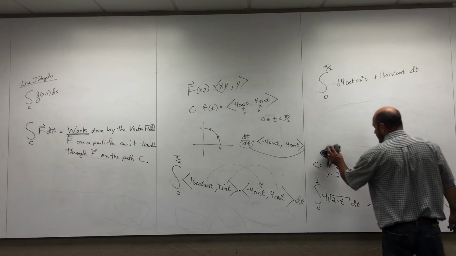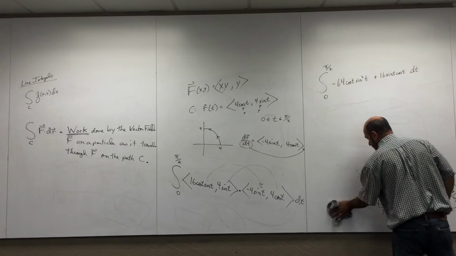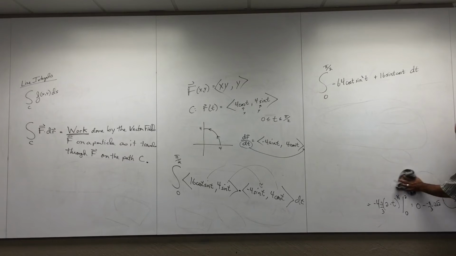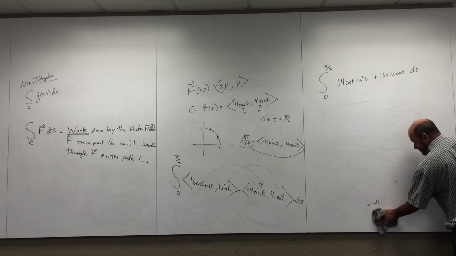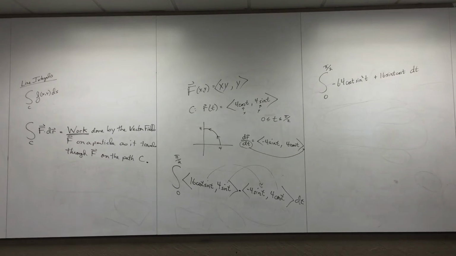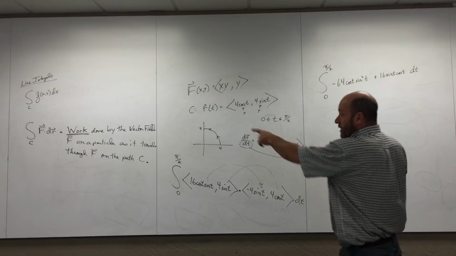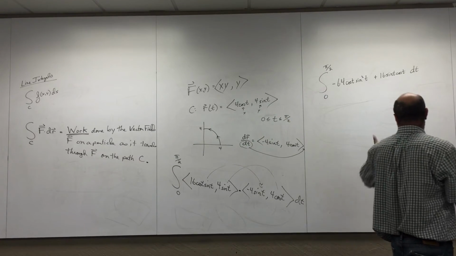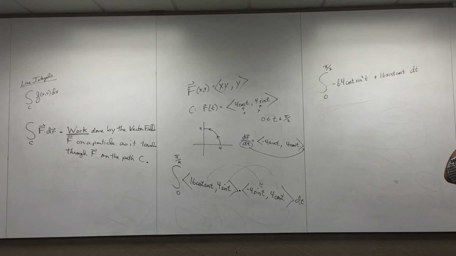Okay, that's good. Now I've got to integrate, which sometimes is the challenge. All this stuff is a challenge. Here I am finally. I did the dot product, and now I want to integrate.